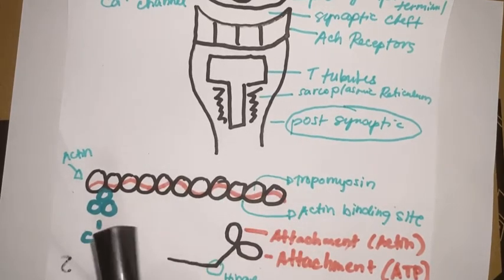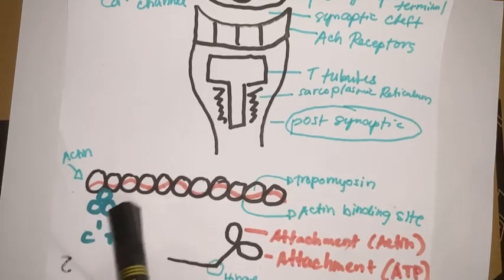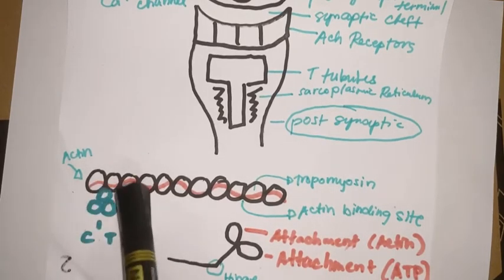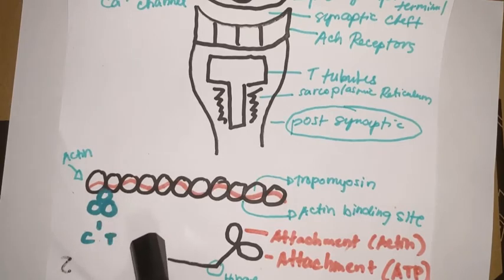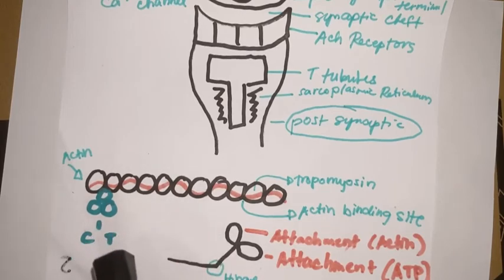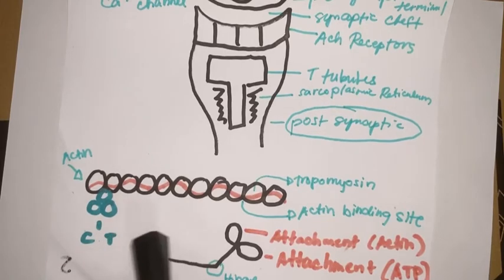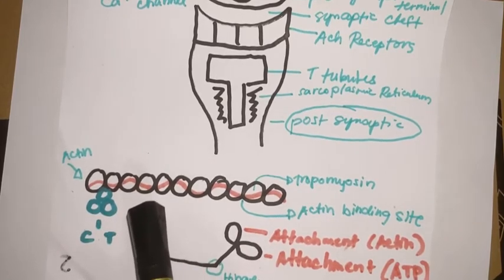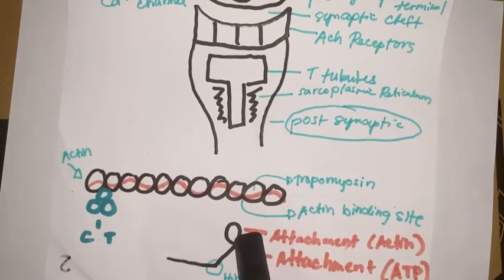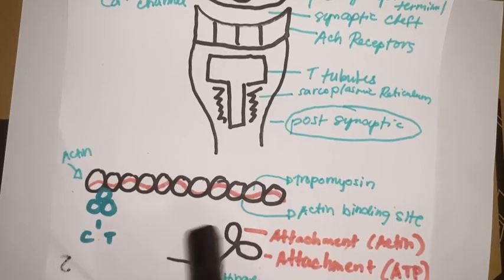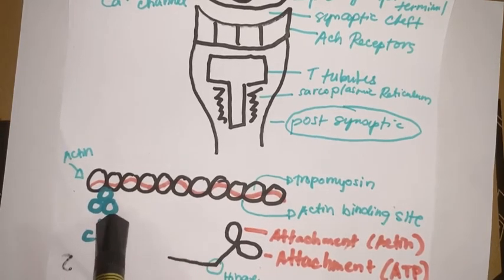Once na sumama si troponin C doon sa calcium, masisira na tong troponin-tropomyosin complex and therefore mabubuksan or ma-uncover yung actin binding sites. Once na ma-uncover yung actin binding sites, didikit ngayon si myosin doon sa binding site na yon.